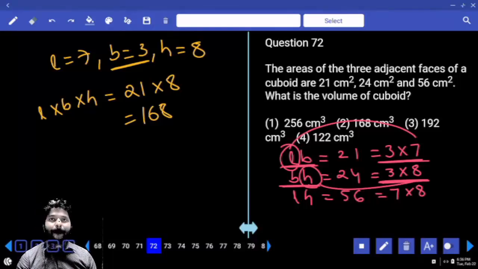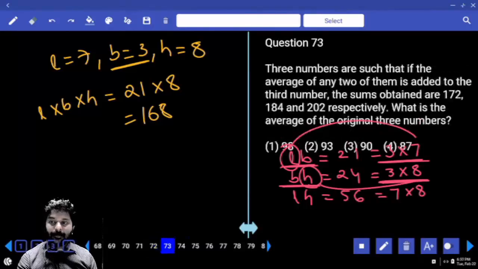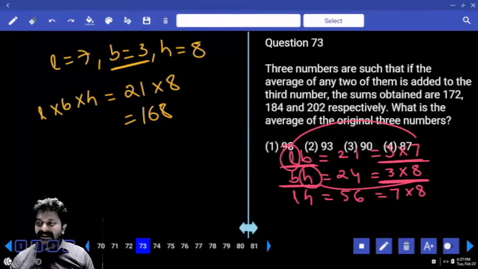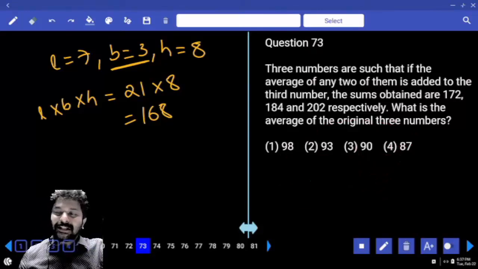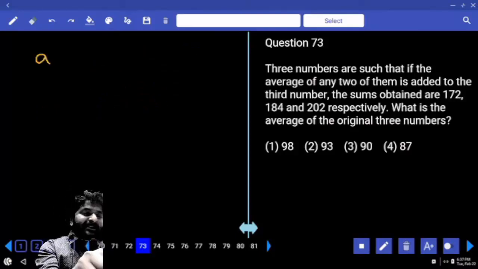Okay? Come on, children. 3 numbers are such that if the average of any 2 numbers is added to the third number, the sums obtained are 172, 184, 202. ABC are 3 numbers.